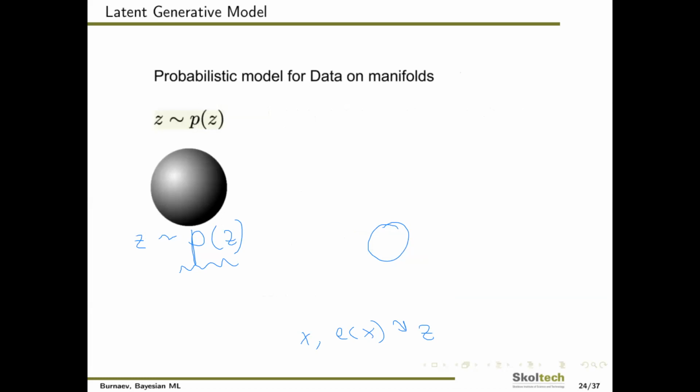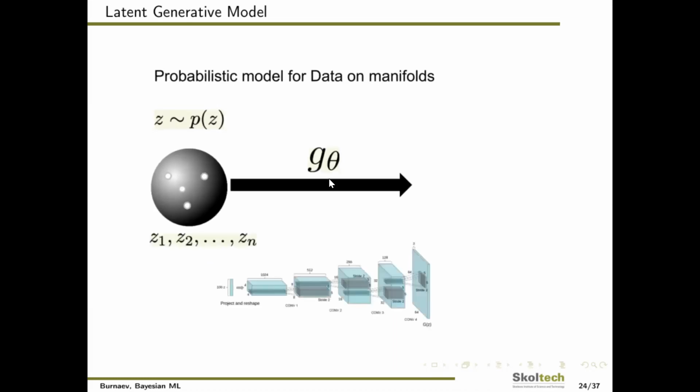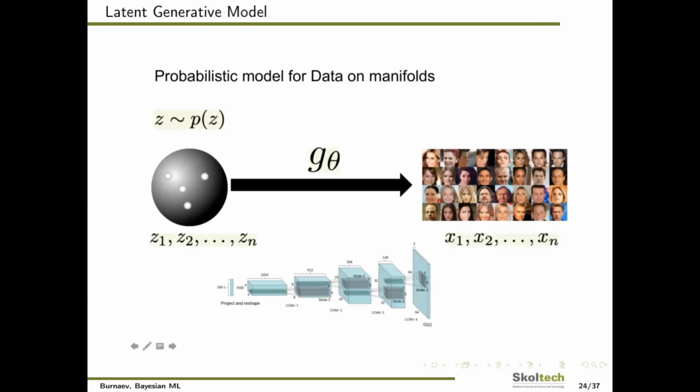Okay, thank you, Andrei, for the question. So we say that typically we want some manifold that represents our data, and we want some generative model to generate images from this manifold.